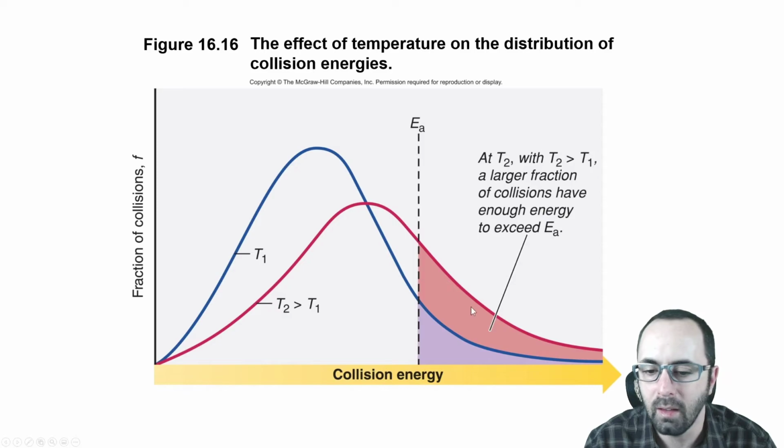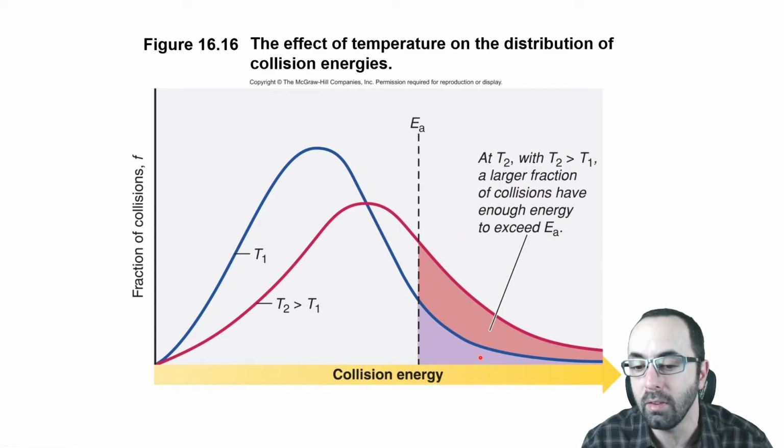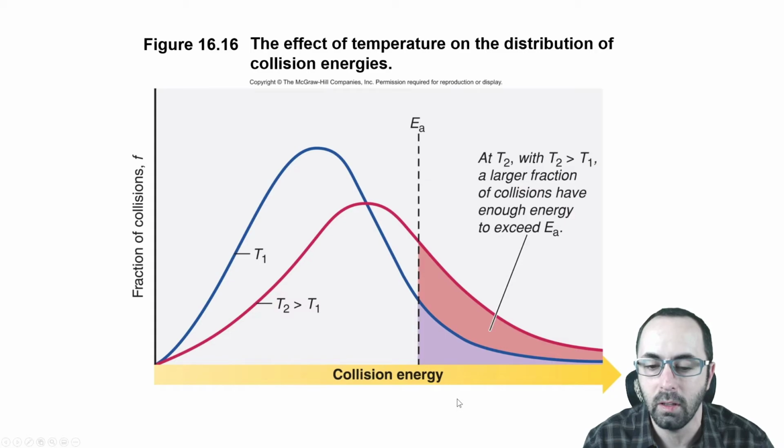But when you raise the temperature, you significantly increase the fraction of the molecules that have sufficient energy to react, because you spread out this distribution and you increase the average. So if the average is around here, you have increased the average. You've also significantly increased the number of high-speed molecules that have enough energy to react.